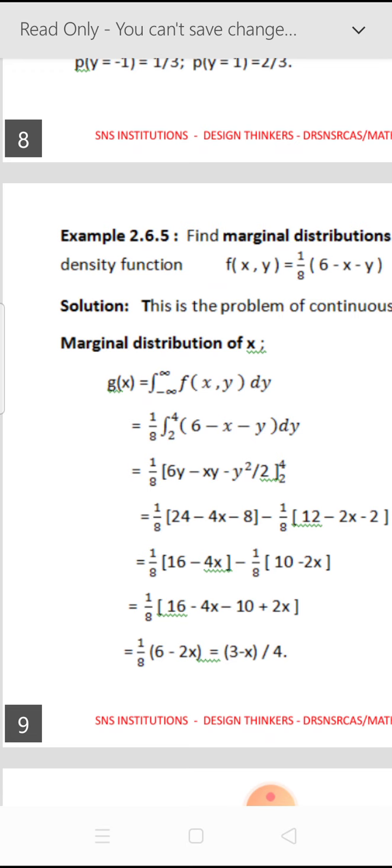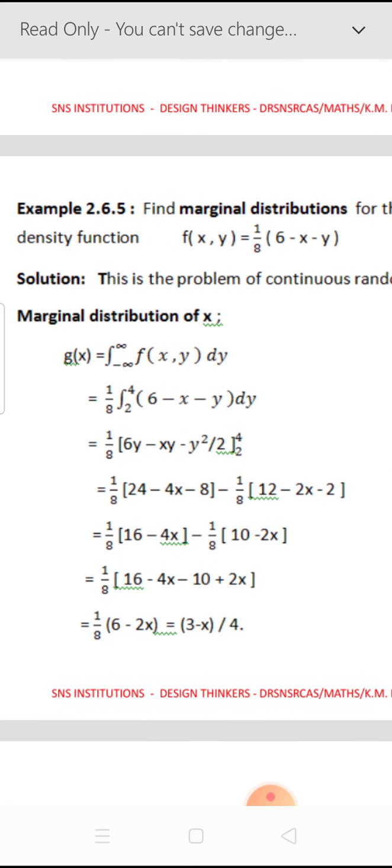The marginal distribution of x is obtained by applying the formula g of x is equal to the integral from minus infinity to plus infinity of f of x comma y dy. Substitute the value of f of x comma y, namely 1 by 8 into 6 minus x minus y, in the formula.